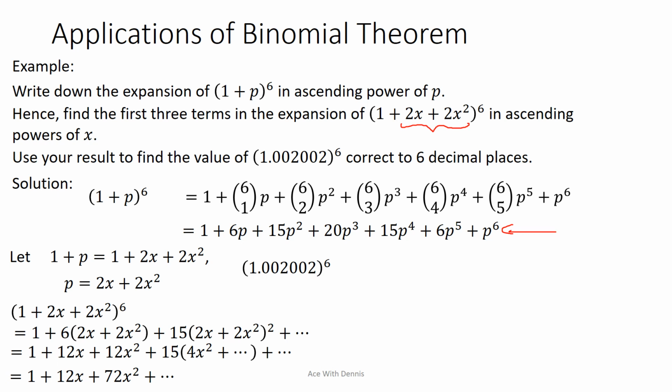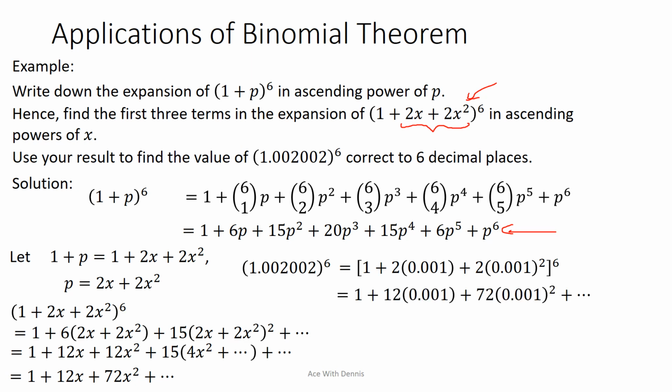Simplifying, I will get 1 + 12x + 72x² + ... So now go back to this question. 1.002002^6, we can actually break it into (1 + 2 times 0.001 + 2 times 0.001²)^6. You can compare this with this expression, so they are the same.